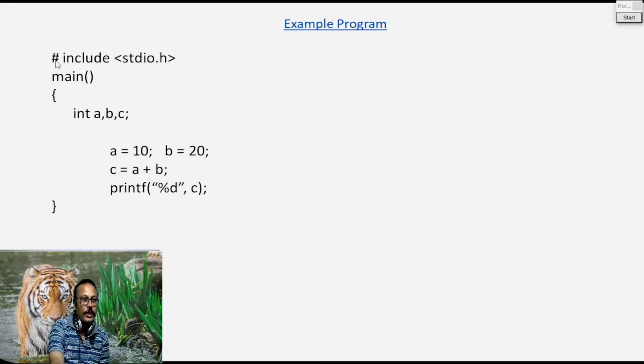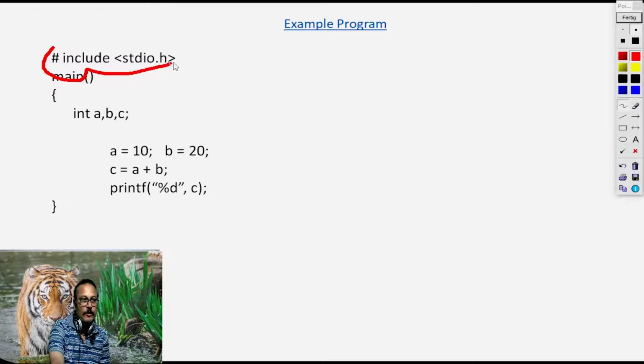That file may contain 10 statements, 20 statements, whatever may be the case. So the hash include stdio.h statement will be replaced by the contents of stdio.h.